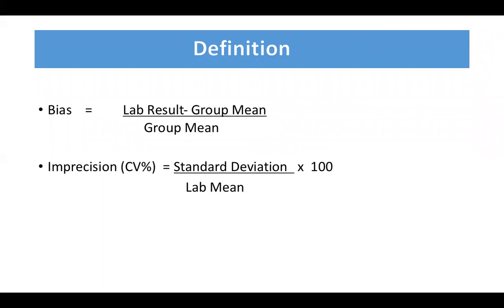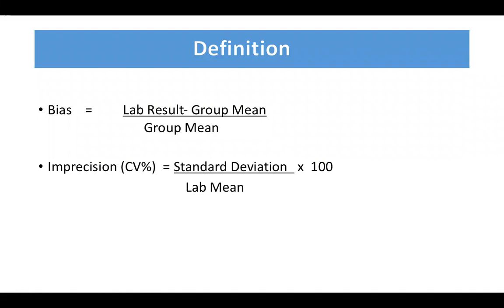Our value should be as close to this group mean as possible. Now how is this bias calculated? Lab result minus group mean, divided by group mean, times 100. So we get bias percentage. This we get from EQAS.